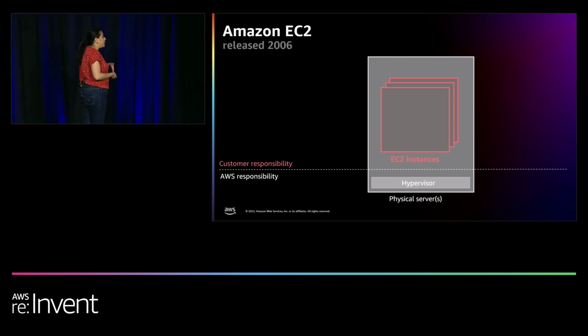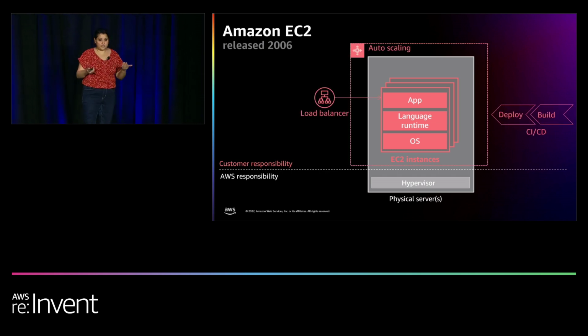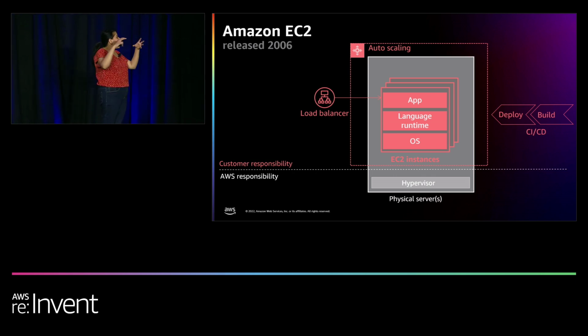You still own all the software that runs inside these instances, and you own hooking up the load balancer, the auto-scaling group, and the build deployment pipeline around these instances. Now you can use AWS managed services like application load balancer, et cetera, but tying it all together and making sure that it's configured properly is still your responsibility at the end of the day.